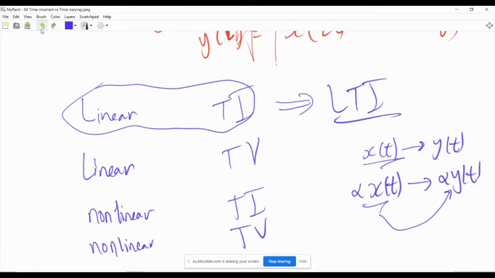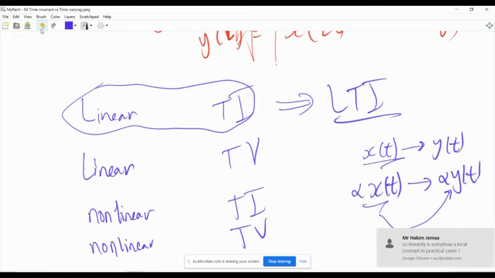Again, because the input itself, after a while, will be high enough to destroy your system or render it useless or non-functional.